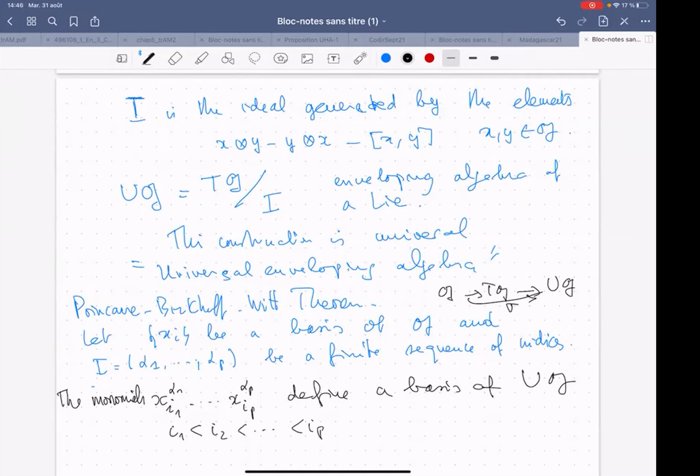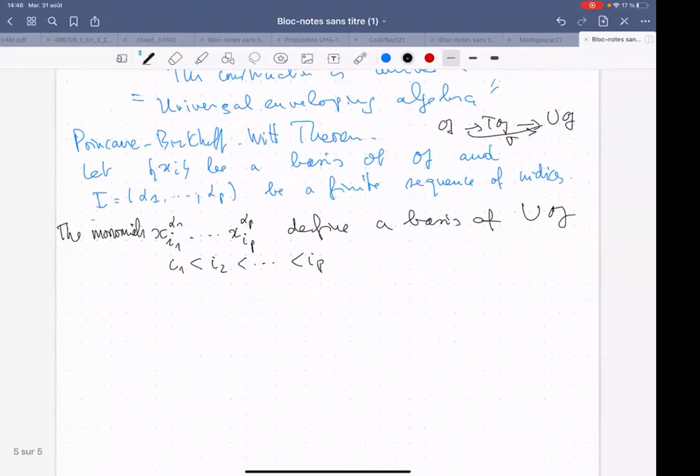It is clear that if I take all the monomials, they generate all of UJ. But here I am considering just ordered monomials, and these turn out to be generators and also linearly independent, which means that they form a basis for this UJ. This result is very, very important and very useful.